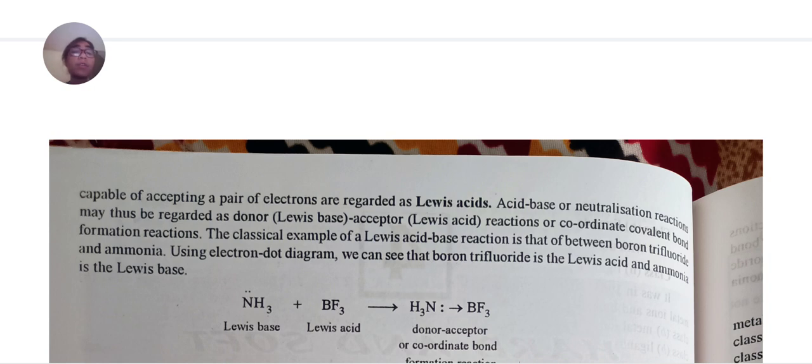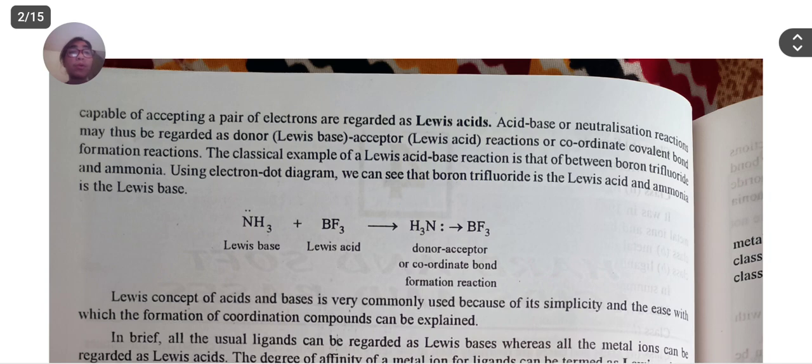A classical example of a Lewis acid-base reaction is that between boron trifluoride and ammonia. Using electron dot diagram, we can see that boron trifluoride is the Lewis acid and ammonia is the Lewis base. Lewis base plus Lewis acid gives a donor-acceptor coordinate bond formation reaction.